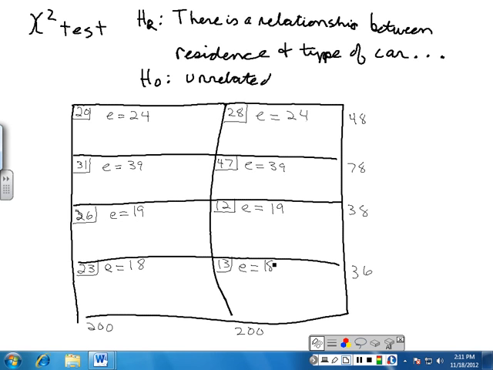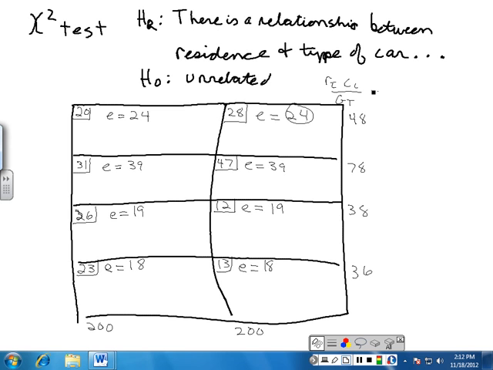Now mine might come out to be 50-50 splits, or some other split, 1/3, 1/3, 1/3, or 25%, 25%, 25%, 25%, most likely a 50-50 like this. That's just because I think it would be easier for you to understand what an expected value is. But I hasten to add that we could have gotten this 24, or any other number on here, by taking the row total times the column total divided by the grand total.